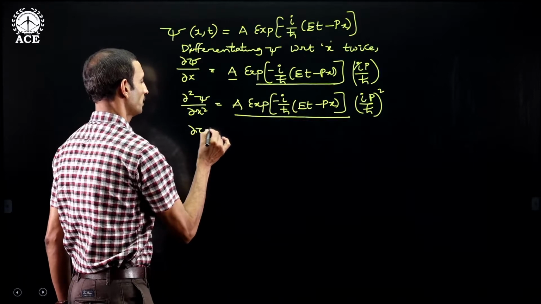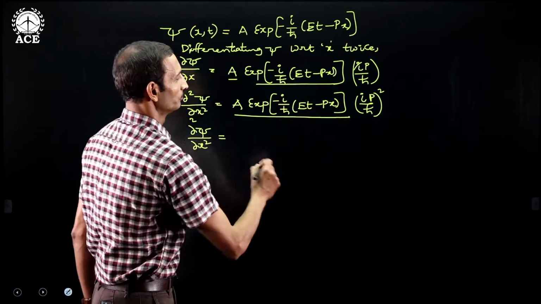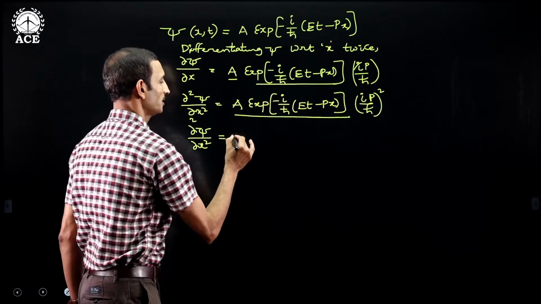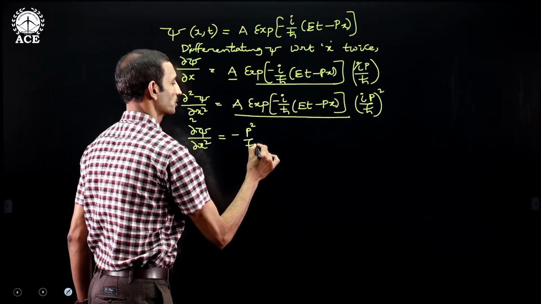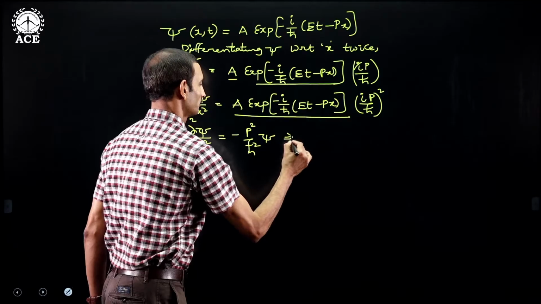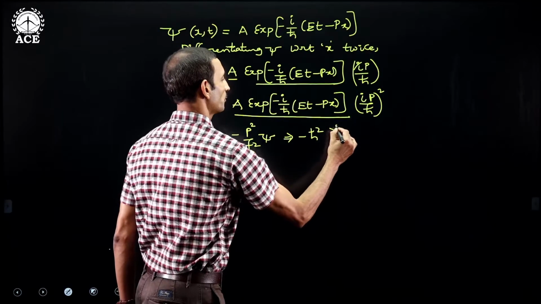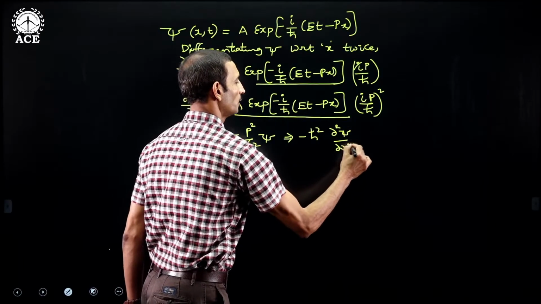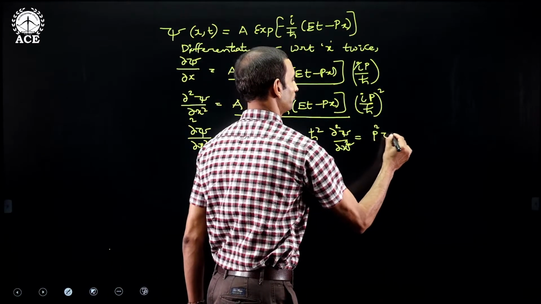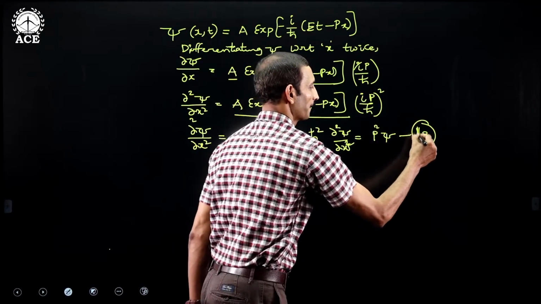So I can write dou square psi by dou x square is equal to psi into i square p square by h cross square. i square is minus 1, so I can write this as minus p square by h cross square into psi. That implies minus h cross square into dou square psi by dou x square is equal to p square psi. Agreed? Let us put it as equation 1a. 1 we have seen, this is 1a. Okay?